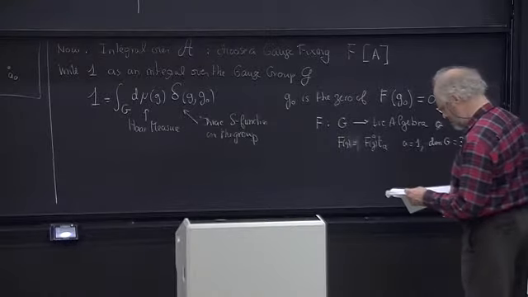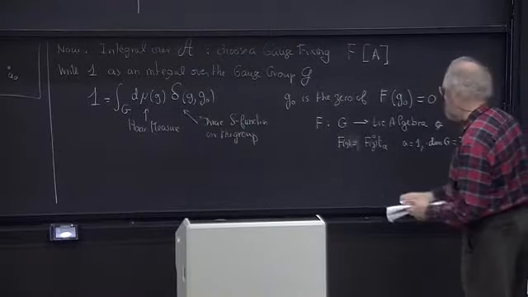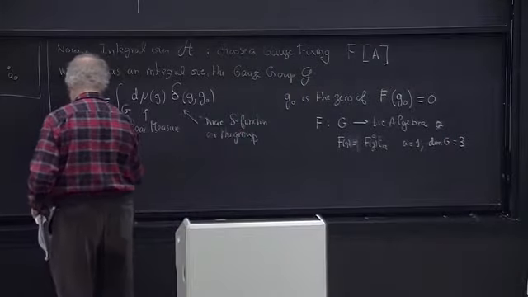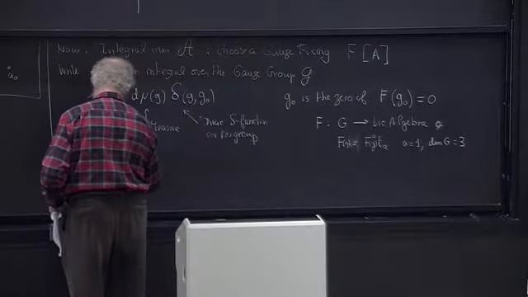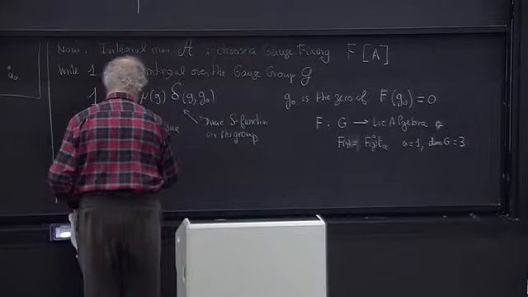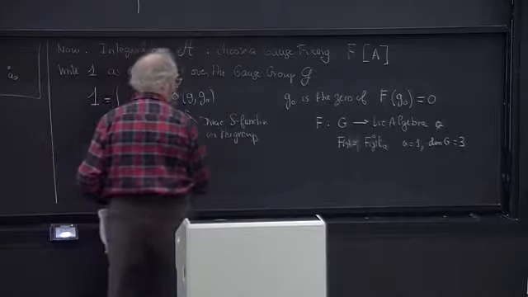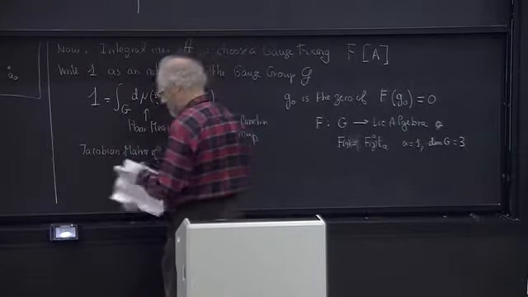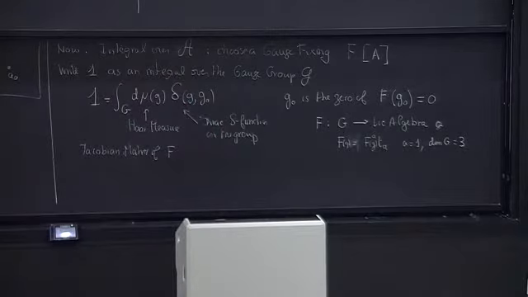So now, let me define the Jacobian of this function. The Jacobian matrix of this function f at a given point G. Jacobian means I'm doing the derivative of the function f.